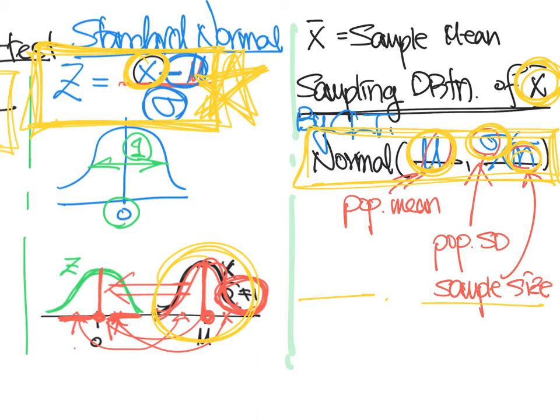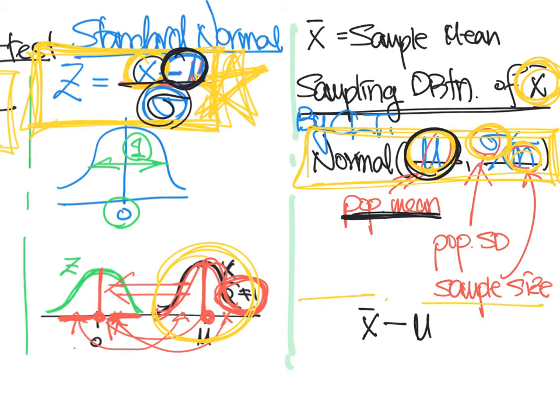So let me plug the sample mean here because we want to standardize the sample mean. Then what? Take off the mean. How much was the mean? Mu, the unknown population mean. Then divide by, before it was sigma, the standard deviation.